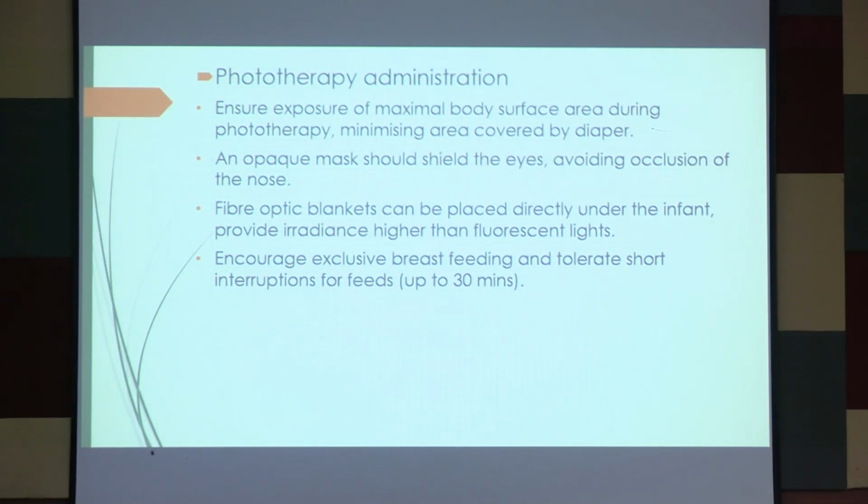That is another method of giving phototherapy. And encourage exclusive breastfeeding and tolerate short interruptions for feeds. So, exclusive breastfeeding will be continued during phototherapy because breastfeeding is helpful for reducing indirect bilirubinemia, and tolerate short interruptions to ensure maximum time is used for phototherapy.